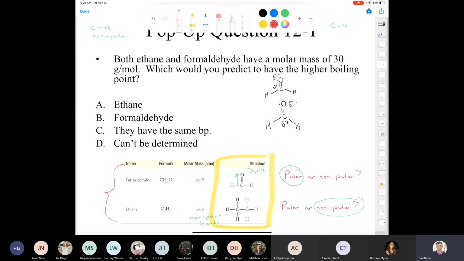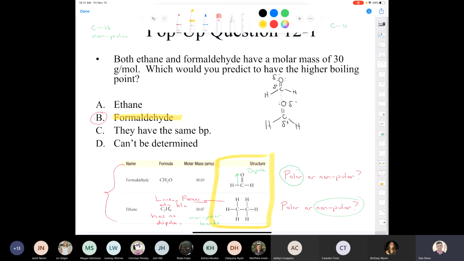Whereas the only intermolecular force that ethane is going to experience would be London forces only, because it has no dipole. All right. Give me a thumbs up if that makes some sense once we looked at the solution.